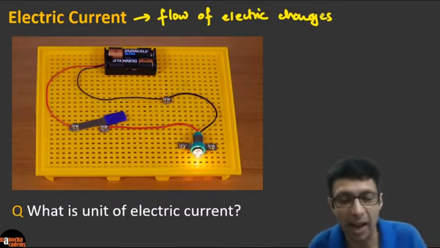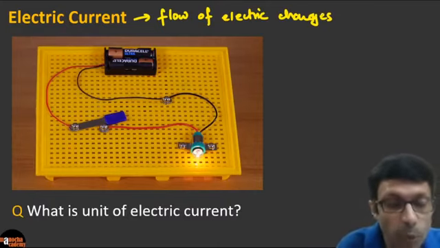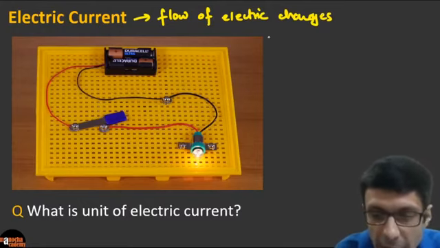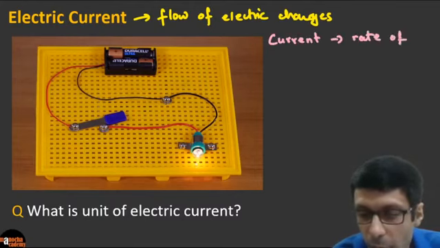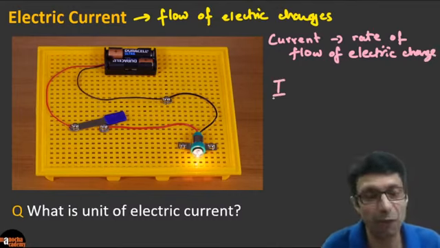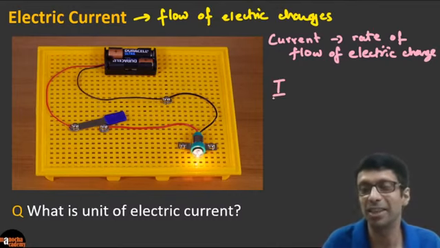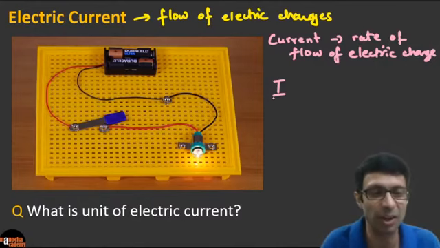Excellent. And how do we give electric current a numerical value? It is the rate of flow. So current can be defined as the rate of flow of electric charge. The current symbol is I. I don't know why they use I for current, I'll have to look that up, but scientists use the symbol I for current, because C is used for coulombs, so they can't use C again.